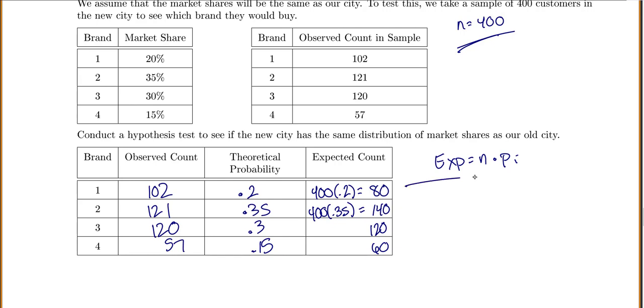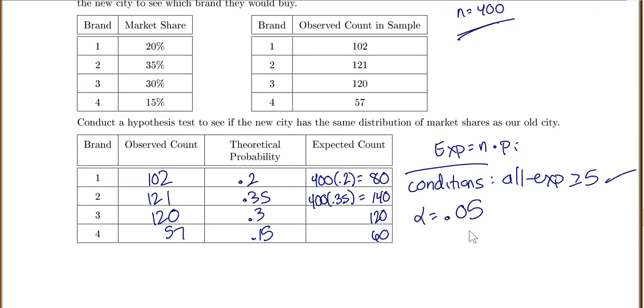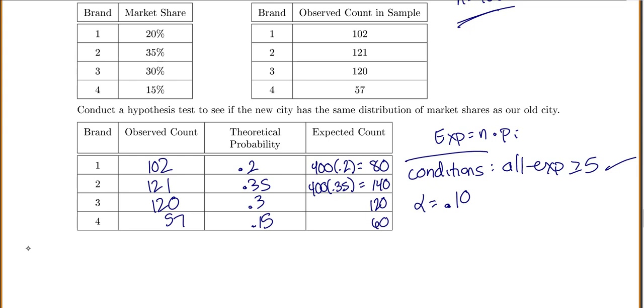Okay, so let's start our test. Let's check our conditions, which is that all expected counts have to be at least 5. My smallest one is 60, so we're definitely good. Let's pick alpha equals 0.05. Actually, just to mix it up, since we keep doing the same thing all the time, let's try 0.10. And let's pick our hypotheses.